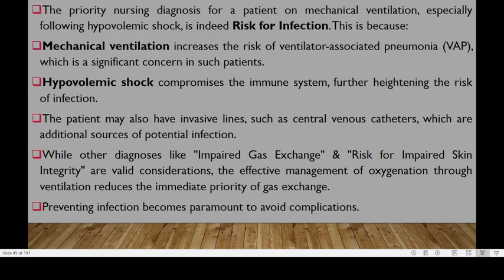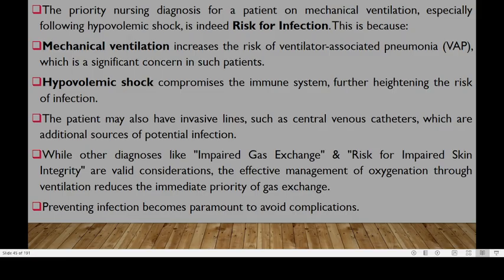Mechanical ventilation normally increases the risk of ventilator-acquired pneumonia, which is a significant concern in such patients. Hypovolemic shock compromises the immune system, further heightening the risk of infection. The patient may also have invasive lines such as central venous catheters, which are additional sources of potential infection.